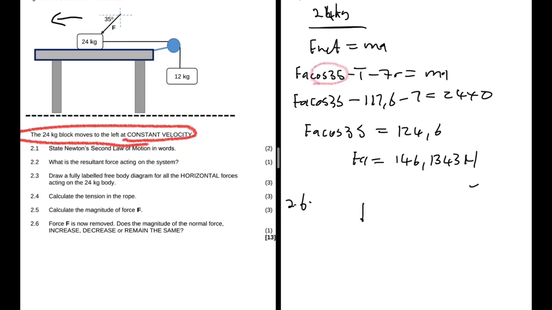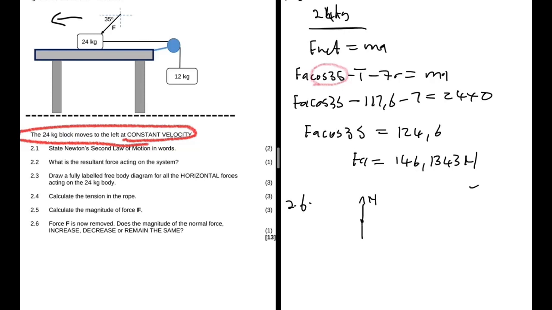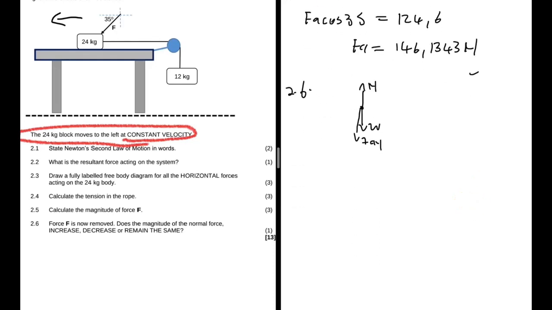The normal force is pointing up, obviously, and then we have the weight going down, and we have F applied Y, right? So clearly the normal force is equal to the weight plus FAY. So if you remove this force, the normal force goes down. Clearly, the normal force will go down. So here we're going to have decrease.